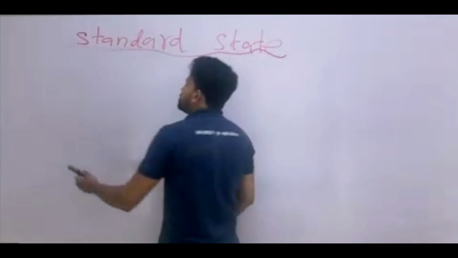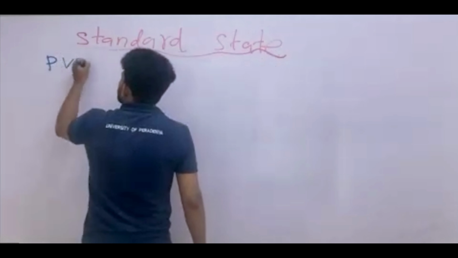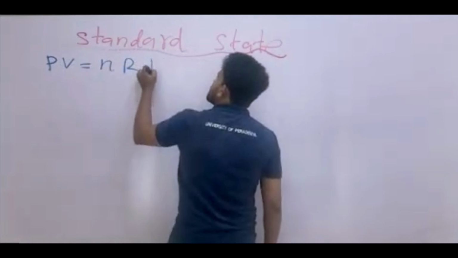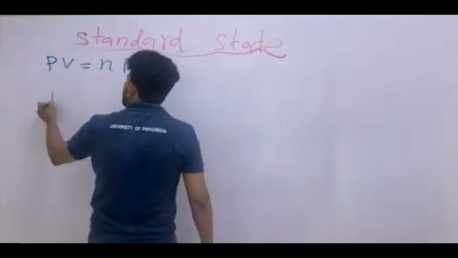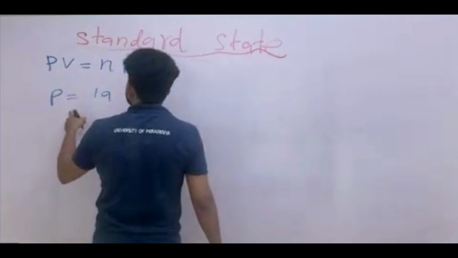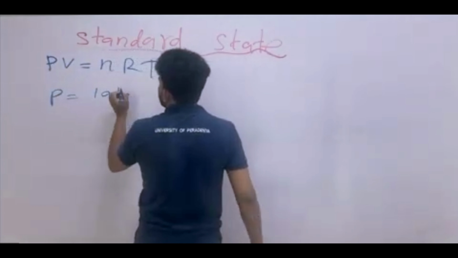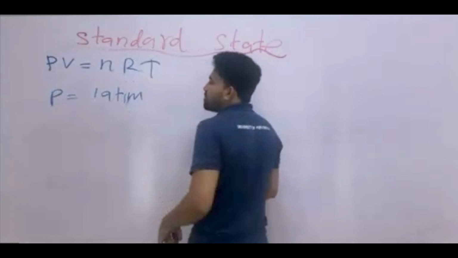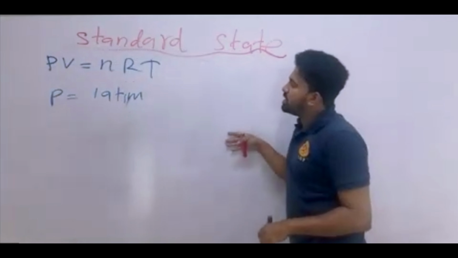PV equals nRT. When it comes to pressure, the standard value is 1 atm.